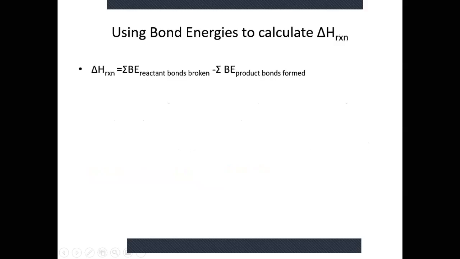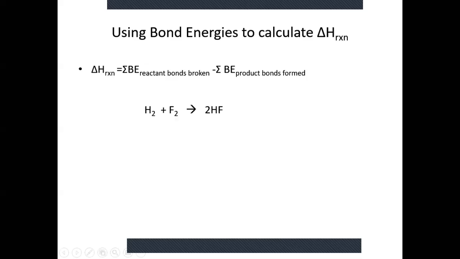So now we can use bond energies to calculate the delta H of reaction. This is another way to calculate delta H of reaction. We take the sum of the energies of the reactant bonds broken, minus the sum of the energies of the bonds formed in the products. That difference will tell us delta H of reaction.